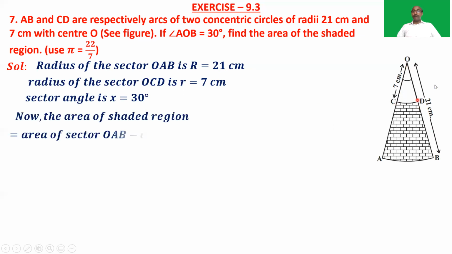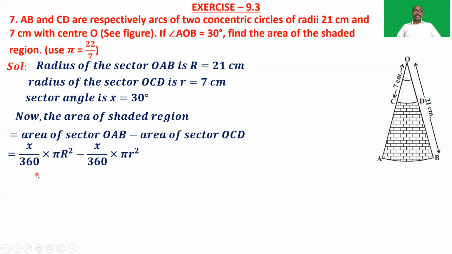Now, the area of the shaded region is equal to the area of sector OAB minus the area of sector OCD. So the area of sector OAB is x by 360 into pi capital R square, and similarly the area of sector OCD is x by 360 into pi small r square.